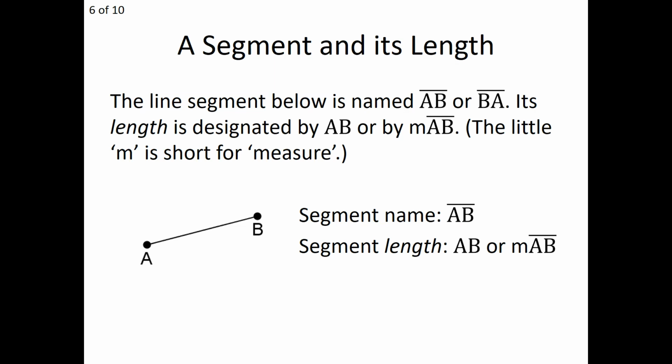But for the length of segment AB, I've dropped that bar off, and what I simply have is AB. There's a second way I could have said that, and that's by keeping the bar on top of AB and placing a little M in front of it. That little M stands for measure of. Both of these statements say the same thing: the measure of, or the length of, AB.